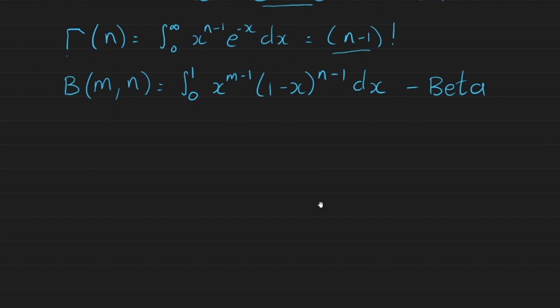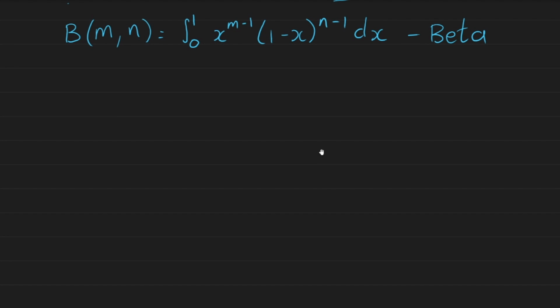The way we proceed is by doing a substitution. We're going to let x equal sine squared theta. So if we just take the derivative, we see that dx is equal to 2 sine theta times cos theta.